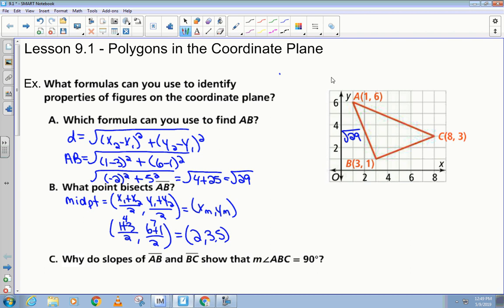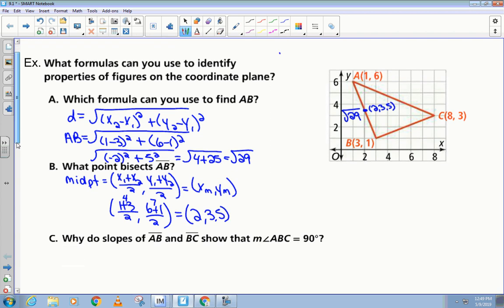Okay? So if I look here, I'm at the 2 and then up 1, 2, 3 and a half. That's my midpoint. And that location is 2, 3.5. Okay, so the midpoint gives you a location, an ordered pair. It's a point that's equidistant from the two endpoints.